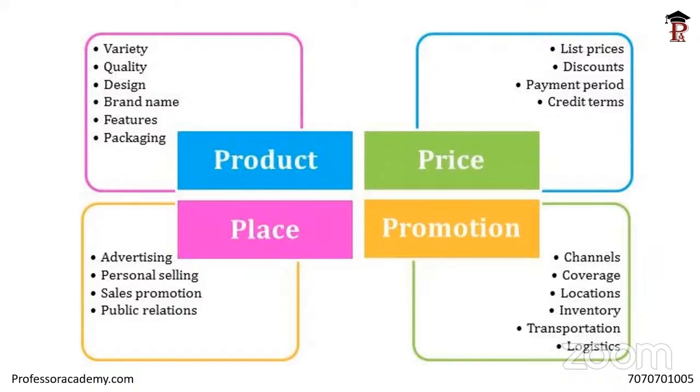Then we have place. This refers to how the product or service reaches the customer. It involves decisions about distribution channels like direct sales, retail, or online, and then logistics, warehouse, and inventory management, to ensure that products are available where and when customers want them.